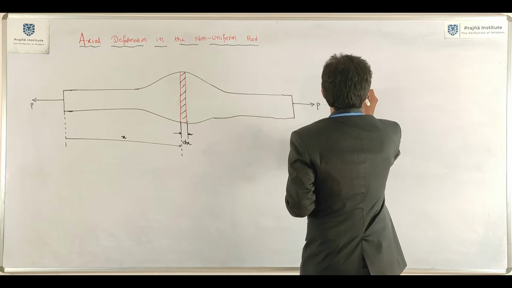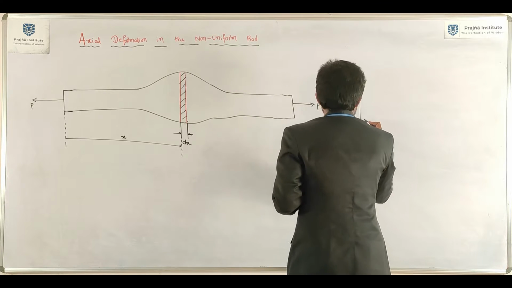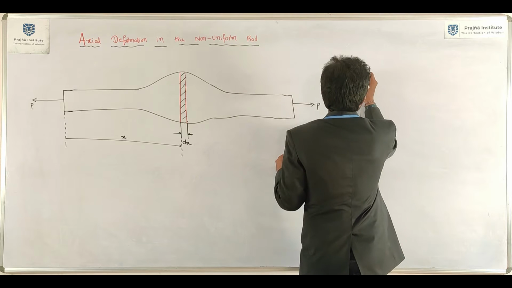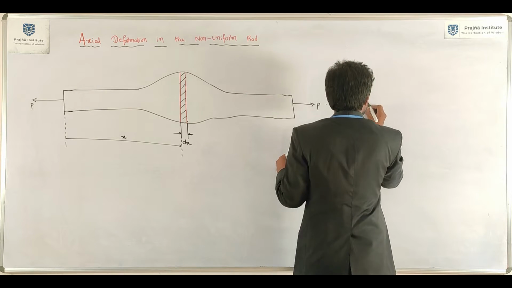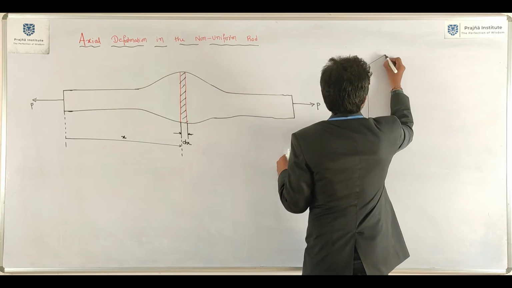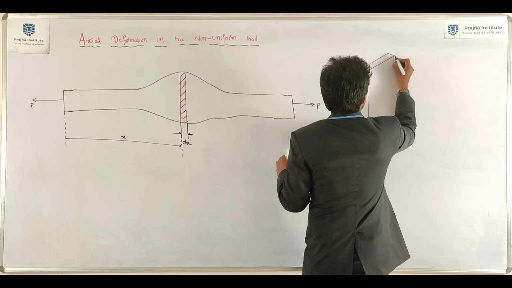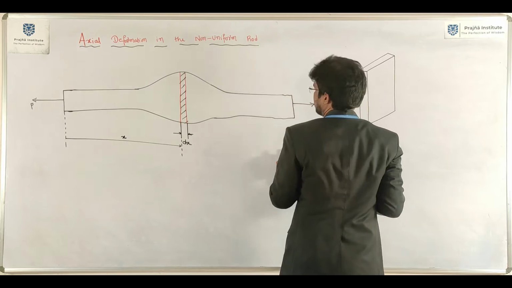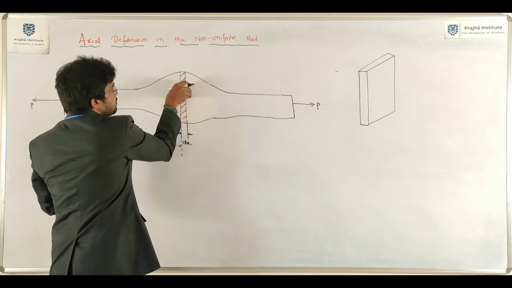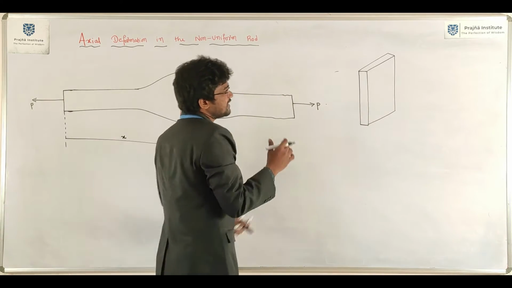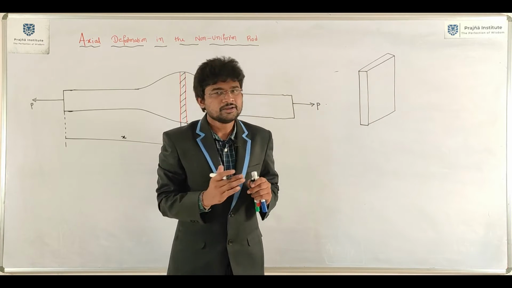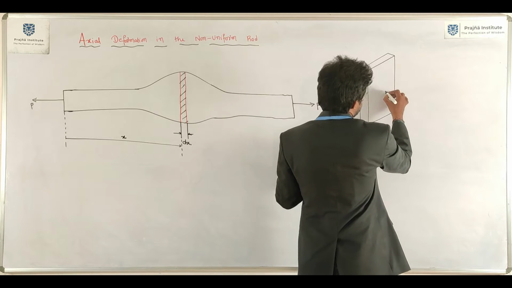Here, the length of the section is dx. If you take a slice, you will get it like this. So take one piece. You will get a very small element.